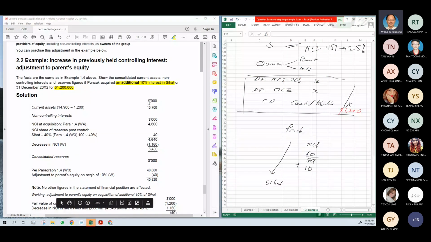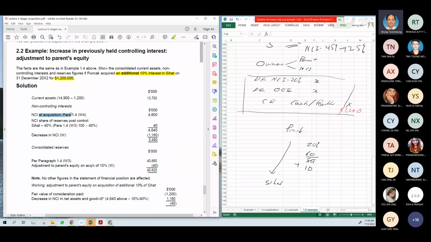We compute the NCI acquisitions here. We got 4.6 million using fair value. So share of profit of the 40% by NCI, 100,000. So you got 1 year of 400,000. So 3 months is 100,000, plus 40, so you have 4640. So this 4640, put the NCI here.